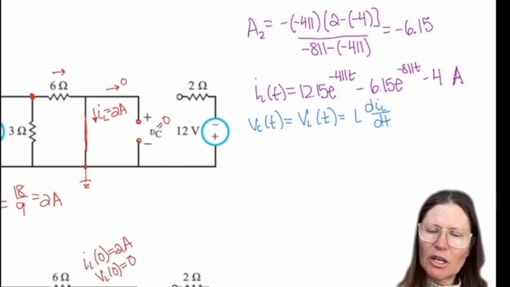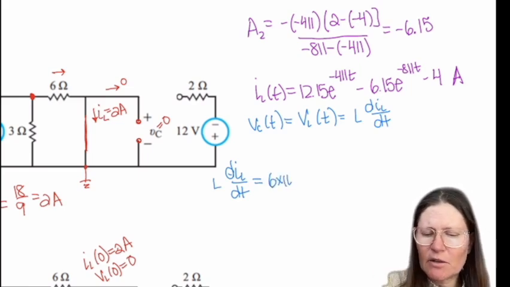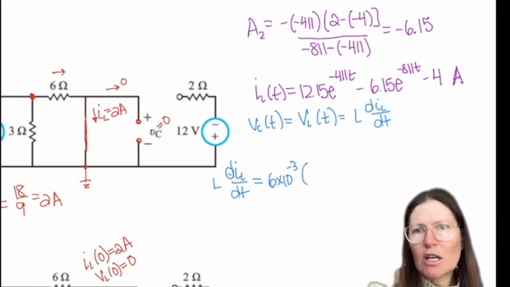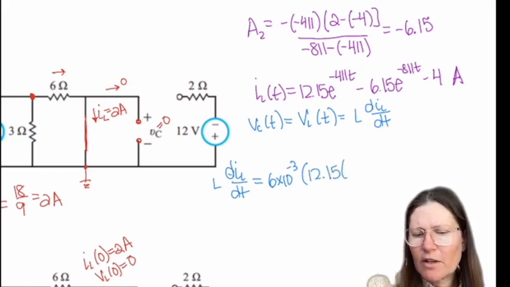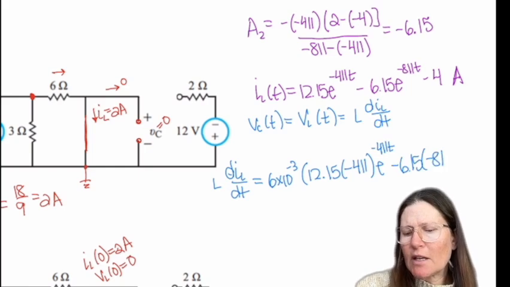So differentiating dIL dt and taking L times that, we get 6 times 10 to the minus 3. And then differentiating the minus 4 is 0, and we get 12.15, and then we bring down the minus 411. And then we bring down the minus 811.